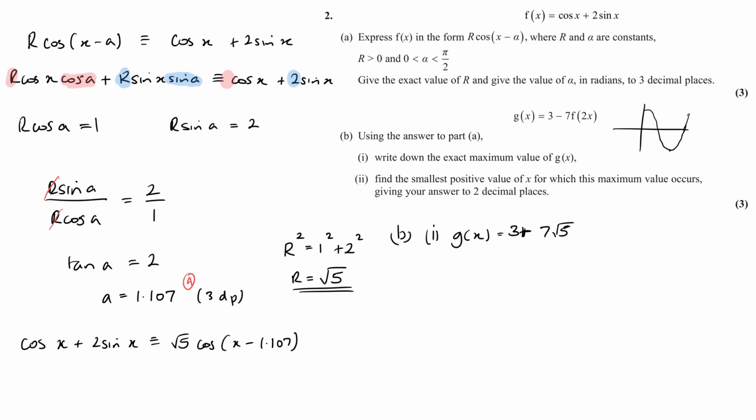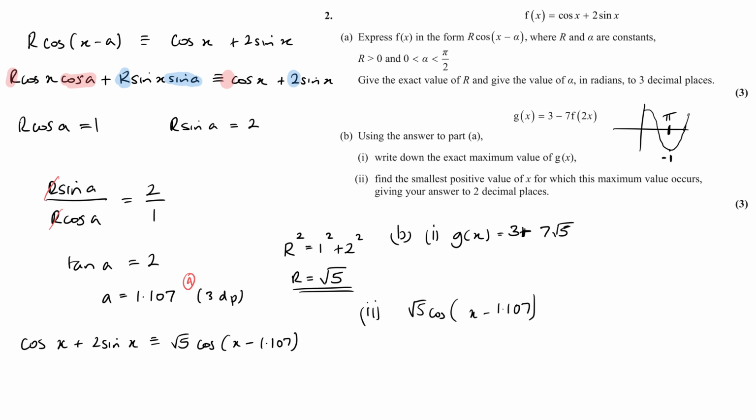So as we said earlier, we're going to need the value when the f of x is minus 1, don't we? And this happens at pi for cos, or 180 degrees. So for the second part, if we think about our angle, at the moment we've got root 5 cos of x minus 1.107.